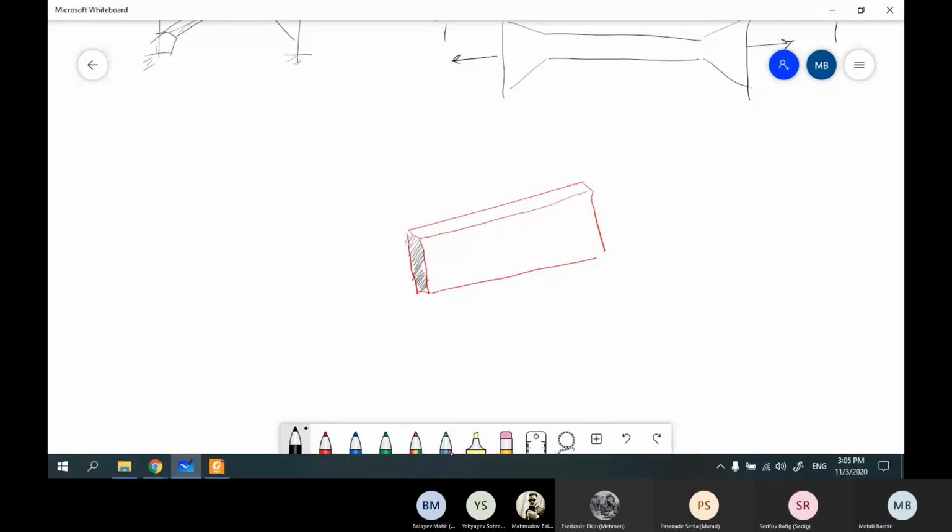A thickness of T, depth of, for example, B, and what is A? T dot B. In this part, there are no holes, there is nothing, and it is gross. This is the A gross. That means the whole section.